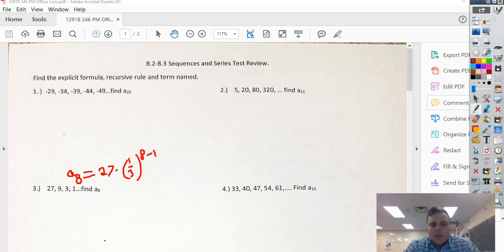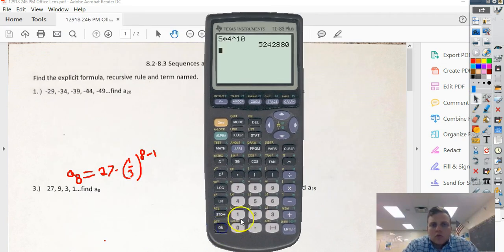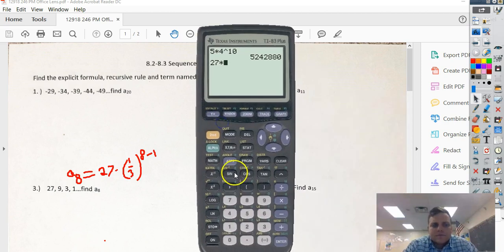That gives me 27 times 1/3 raised to the 8 minus 1, which is just 7. So I'm just going to raise it to the 7th.